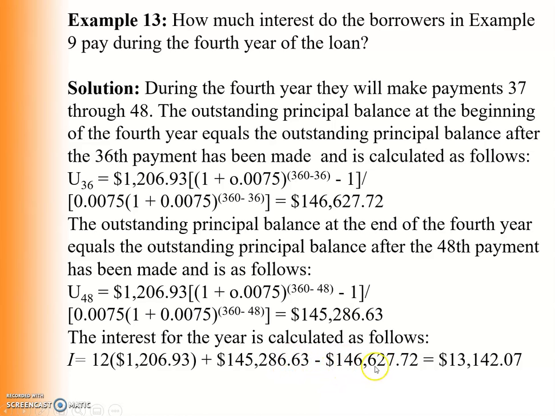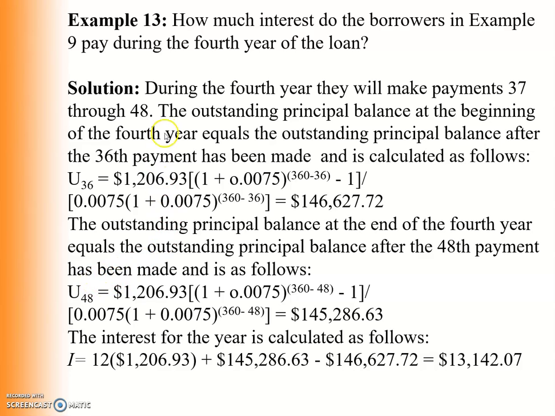So this was then the difference. Then we can calculate the total interest paid in this fourth year, which is $13,142.07.